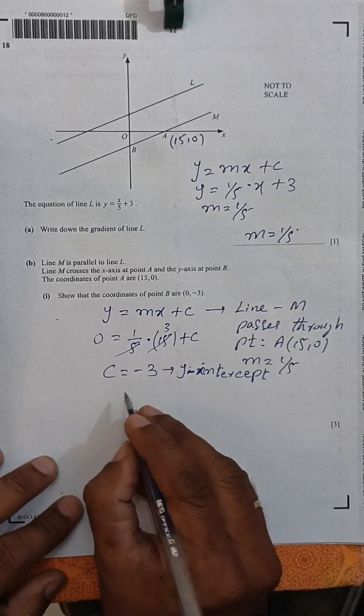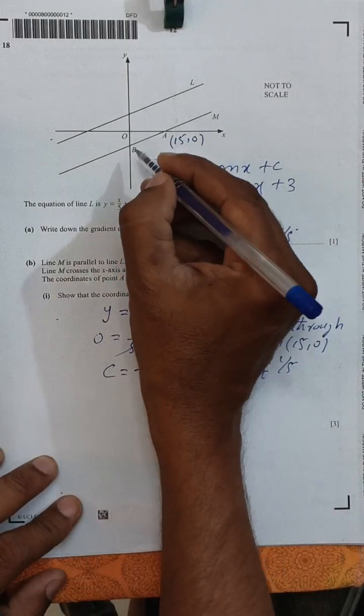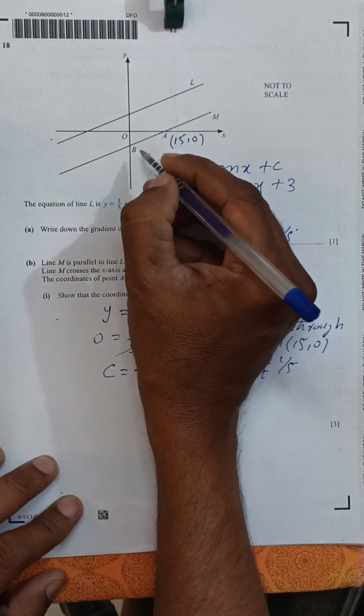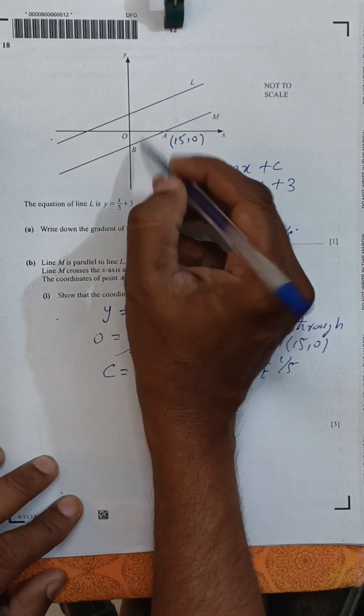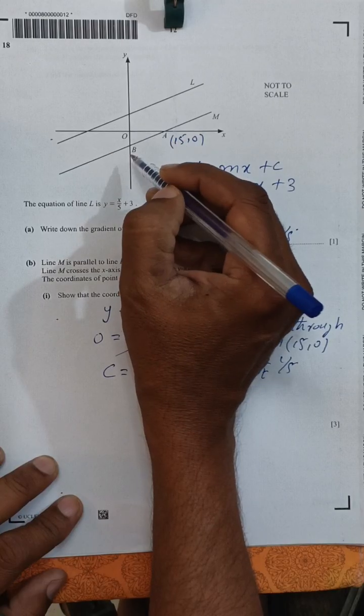Now what about this point B? The point B, x will be 0, because this point lies on the y-axis.